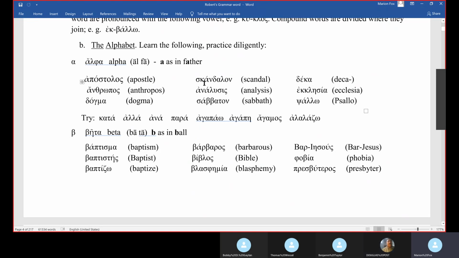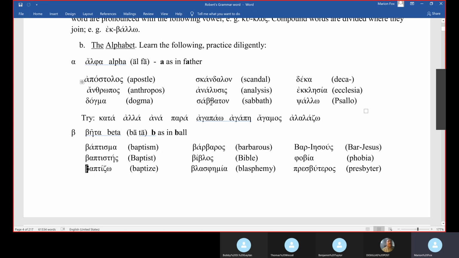Scandalon, and our word scandal comes from it, to cause to stumble. There's your alpha. Analusis, and so the accent is on the second. There's two alphas here. And Sabbaton, and that's Sabbath. And remember, when you pronounce double consonants like beta, beta, you break between them, so Sabbaton, you make a syllable break right in the middle.